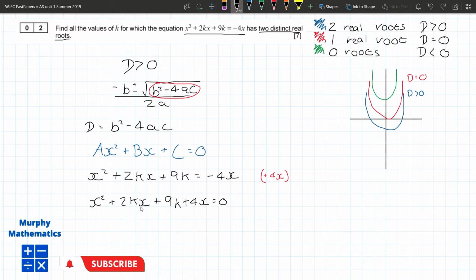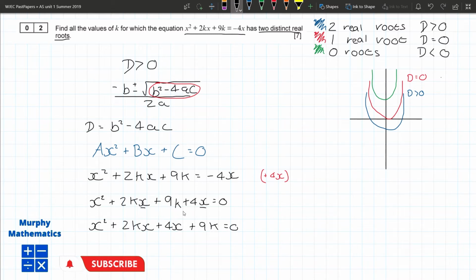Now I want to factorize. Because I've got an x here and an x here, I'll put them next to each other, so x squared plus 2kx plus 4x plus 9k equals 0.